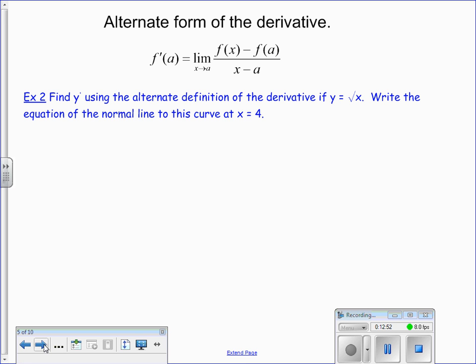So this one really only works if you're looking for the derivative at a particular point a. That's what this one's designed for. This is not designed for a general derivative. That's what the previous one's all about. This one is, do I want the derivative at a particular point a?